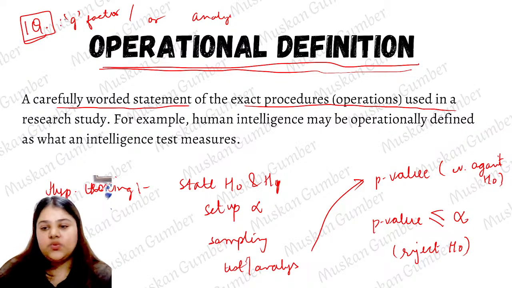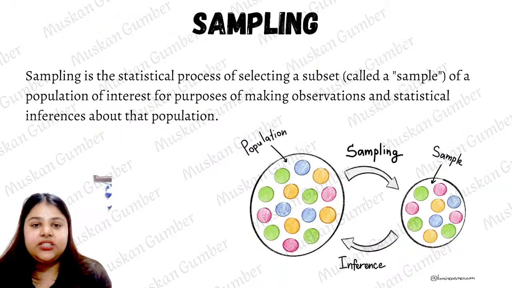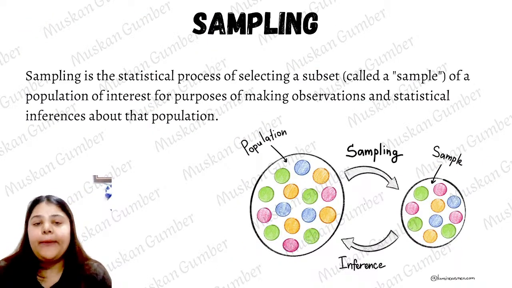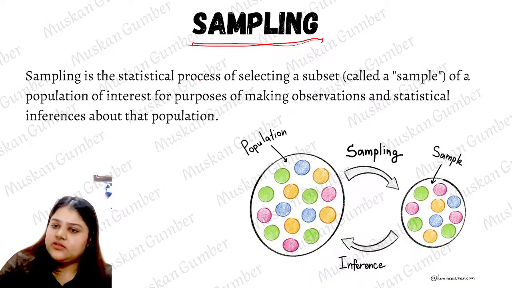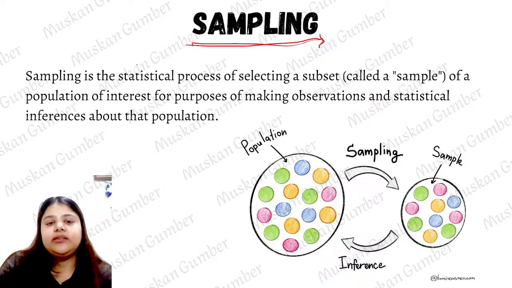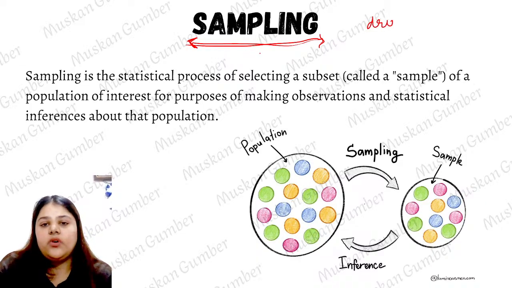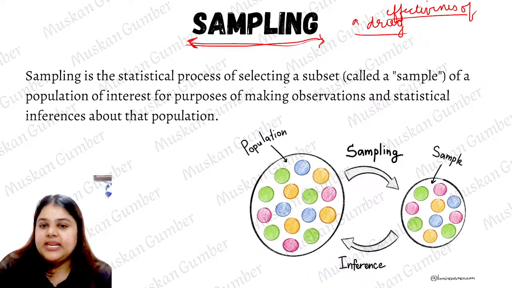Moving ahead to our major topic for today, which is sampling. So when I am doing any research, no matter what research problem I am working on, for example, I want to see the effectiveness of a particular drug, right?